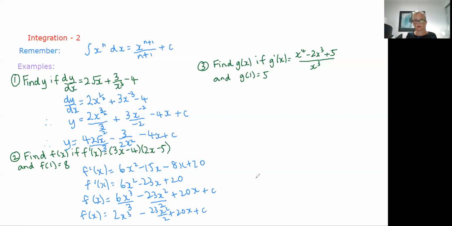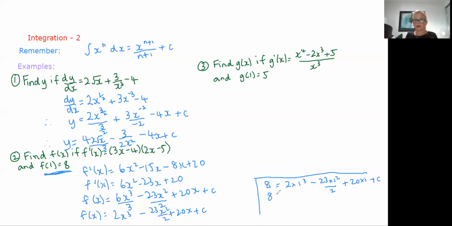Now I'm going to set aside a little bit of working space over here for us to work out our c. We are actually given information in the question that will enable us to do that. We're told that when x is 1, f of x is 8. So let's sub that in. So 8 equals 2 times 1 cubed minus 23 times 1 squared on 2 plus 20 times 1 plus c.